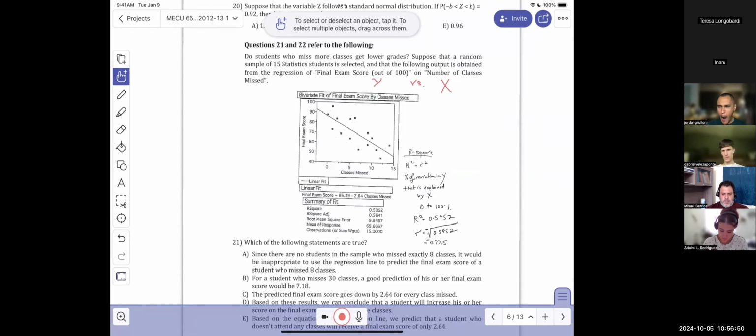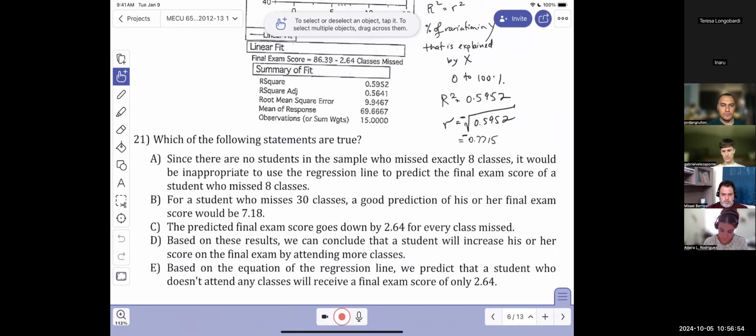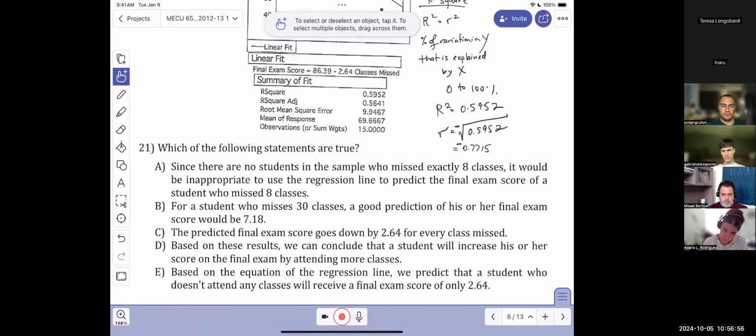So let's go through the options here. Since there are no students in the sample who missed exactly 8 classes, it would be inappropriate to use the regression line to predict the final score of a student who missed 8 classes. Let's see if that's true.